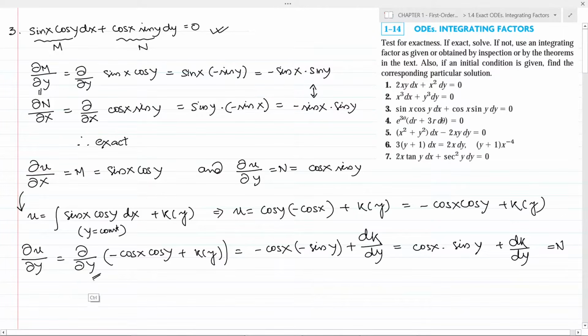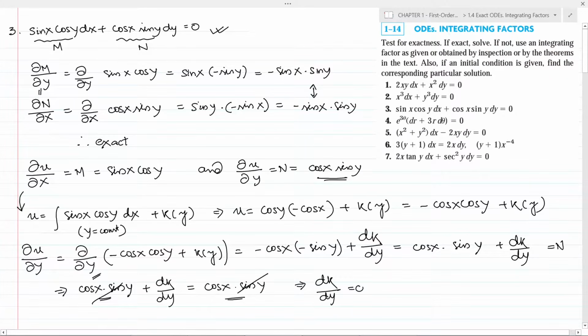From here we can write cos x sin y plus dk by dy equal to n, which is cos x sin y. So from left and right, this cos x sin y term cancels out, and this implies dk by dy equal to 0, which implies k is a constant.